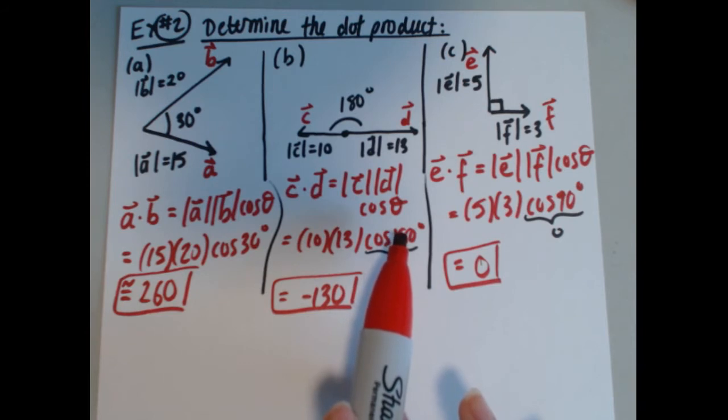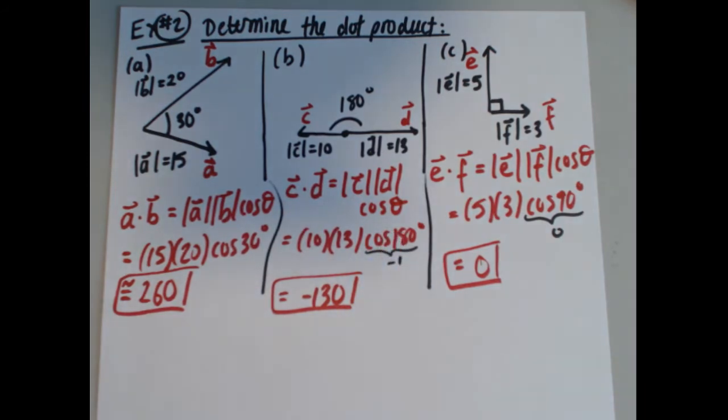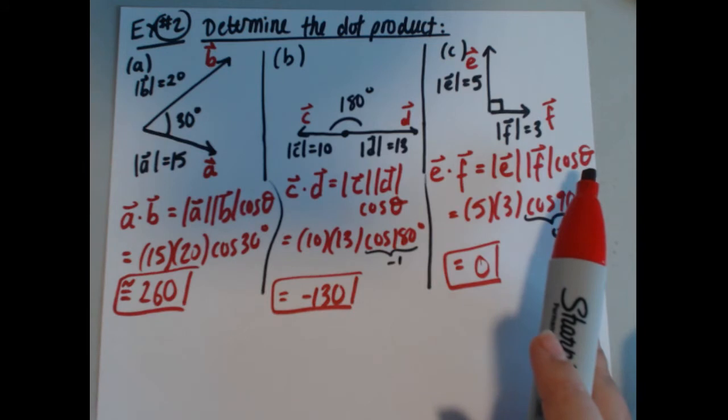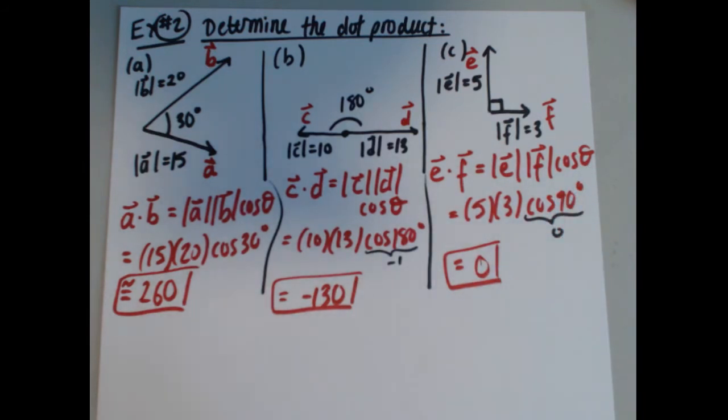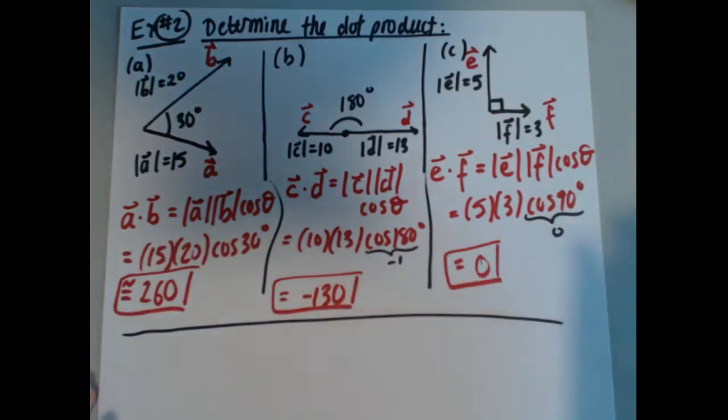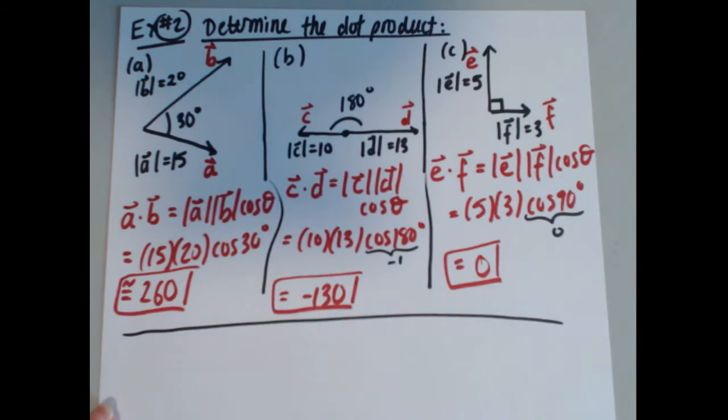And at its smallest absolute value, if the two vectors are 90 degrees to each other, if they're perpendicular, we see that the dot product is 0. And again, these applications only make sense when you actually apply them to real-world scenarios, like in physics.